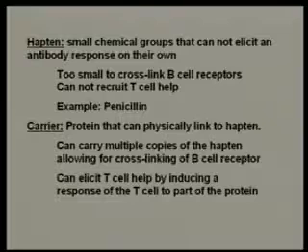You probably already went over this, but here's a brief definition of what a hapten is and what a carrier is. A hapten can be any small chemical group that cannot elicit an antibody response on its own. Typically, these are too small to cross-link the B-cell receptor, and by themselves, they cannot recruit T-cell help.